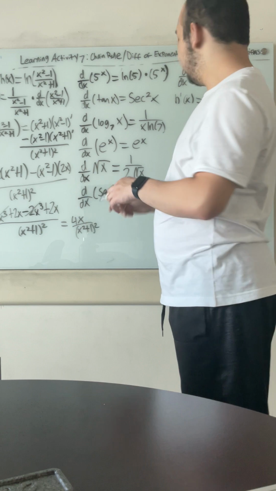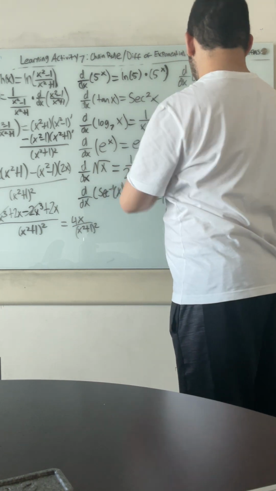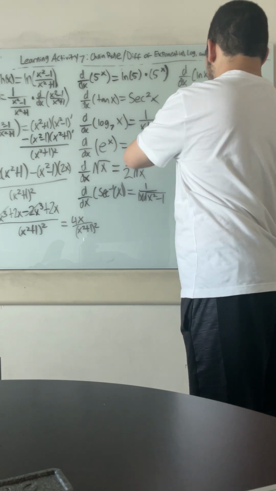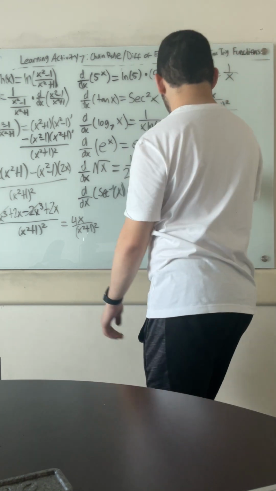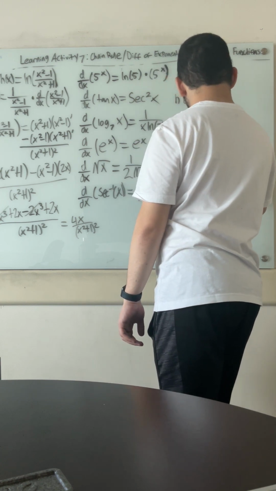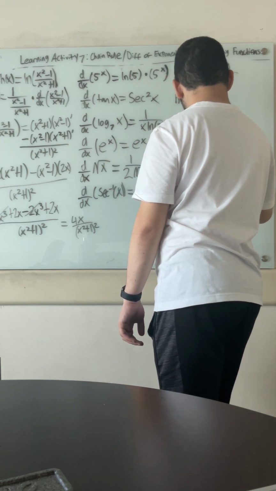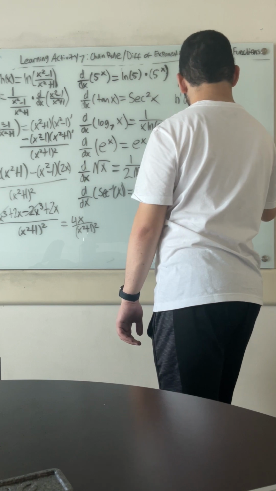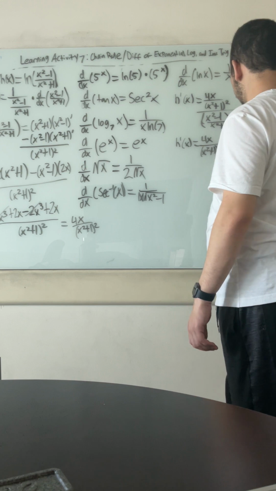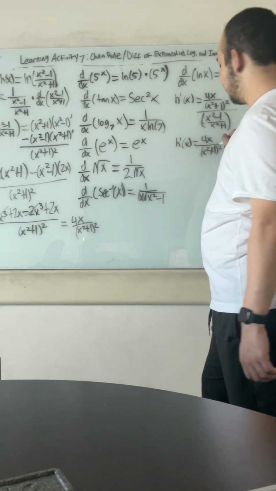So now we're basically just dividing fractions. We know that when dividing fractions, we keep, change, and flip. So h prime of x is equal to 4x over (x squared plus 1) squared times (x squared plus 1) over (x squared minus 1).